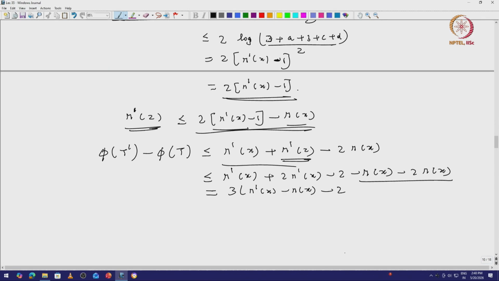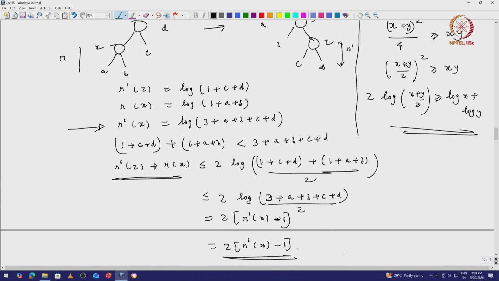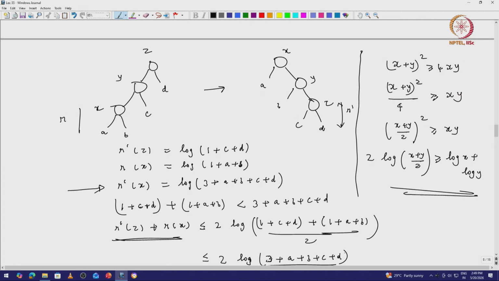So, phi of t dash minus phi of t is 3 r dash x minus r of x minus 2. Now, the important point is we recursively proceed, and before that, when you are changing the configuration by some pointer manipulation, that is order 1 computation.